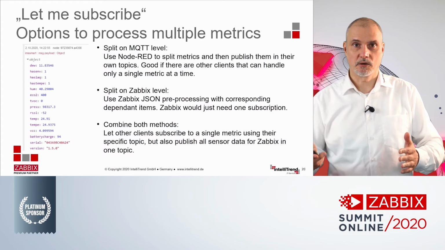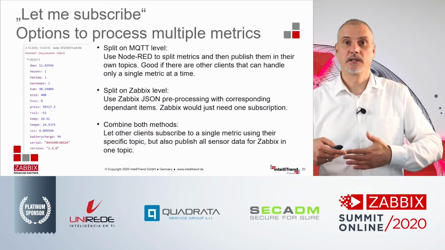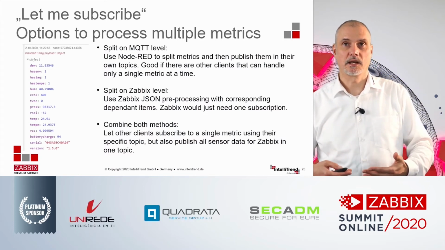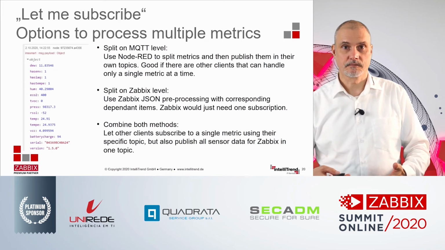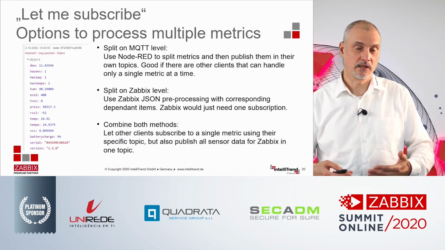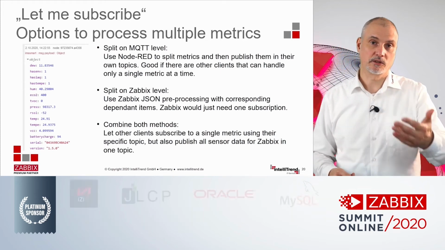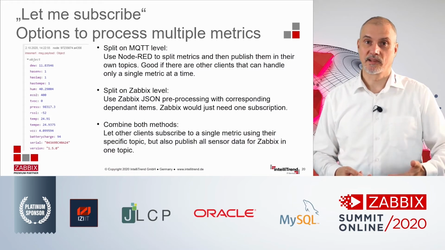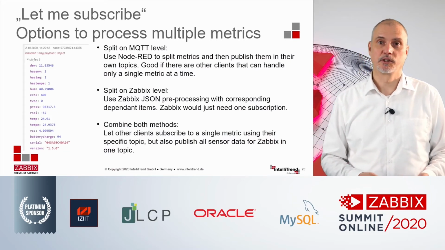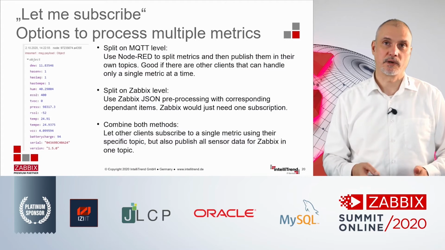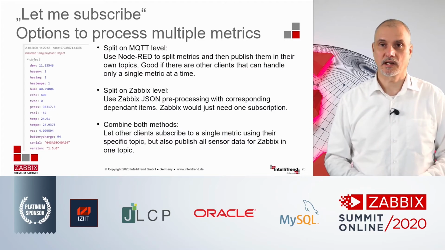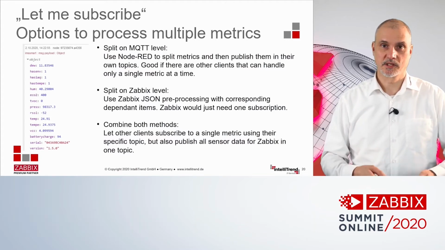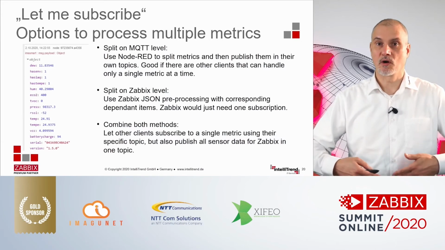So the question now is, how can we actually split the data and work with the data? I would like to mention that we can either split the data on the MQTT level, which means we are using Node-RED to extract data from that entire payload and then publish that particular metric on its own topic.